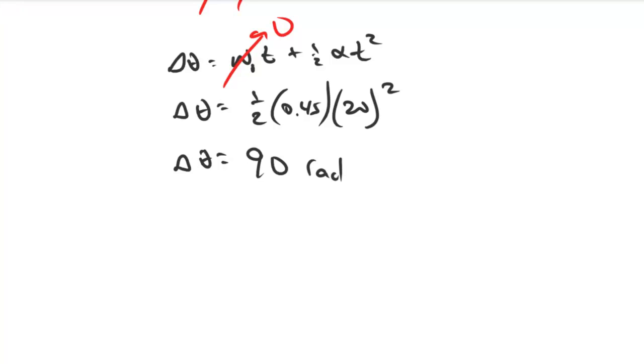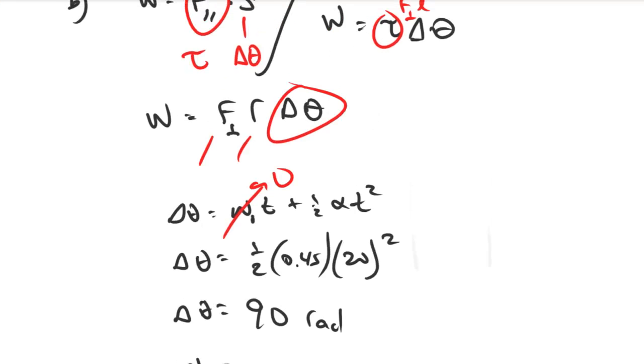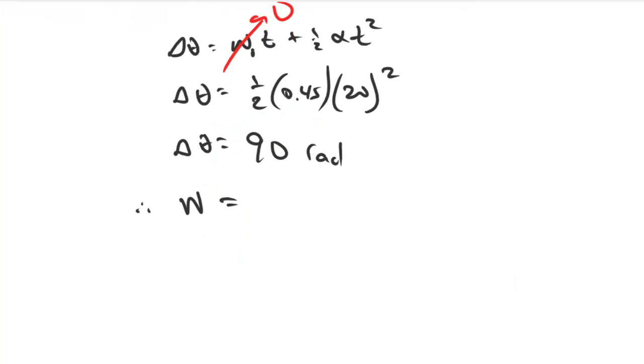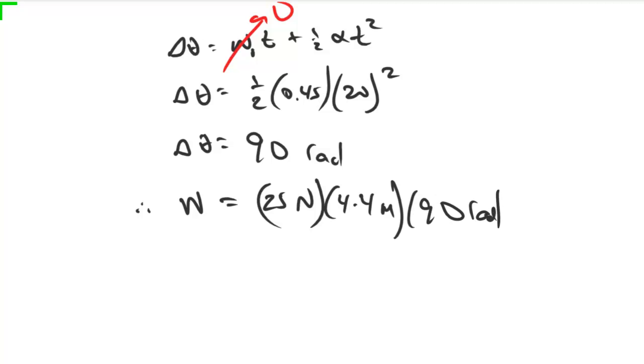And then the work done by the child is the force times radius times delta theta. It was 25 newtons times 4.4 meters times 90 radians. And you see here, radians are actually unitless, right? So we have newton meters, so we have joules.